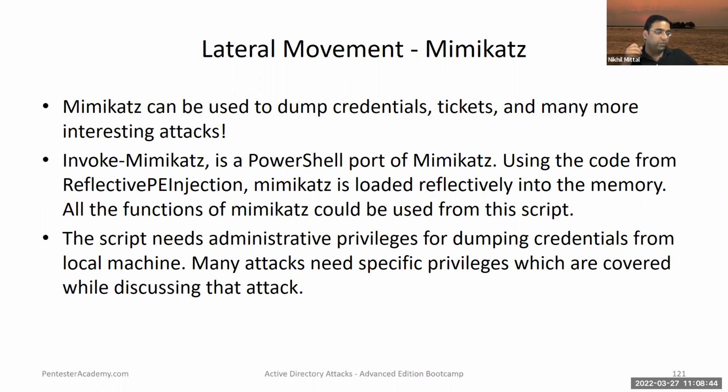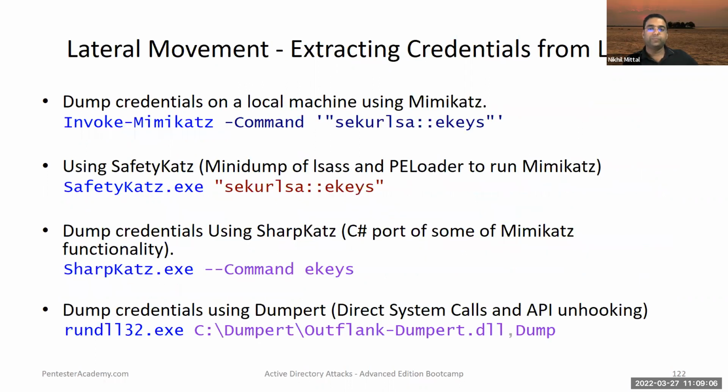We are going to use a bit of both Mimikatz and Invoke-Mimikatz as and when required. Invoke-Mimikatz is a PowerShell port of Mimikatz. It reflectively loads the Mimikatz executable in the memory of a PowerShell process. And you would need privileges depending on what is the action that you would like to execute.